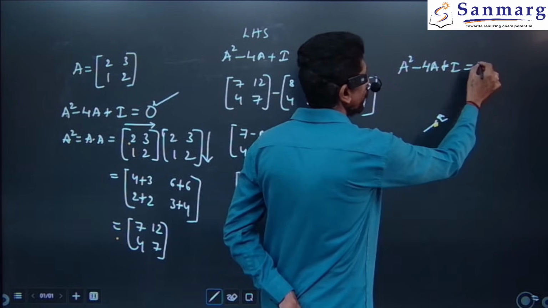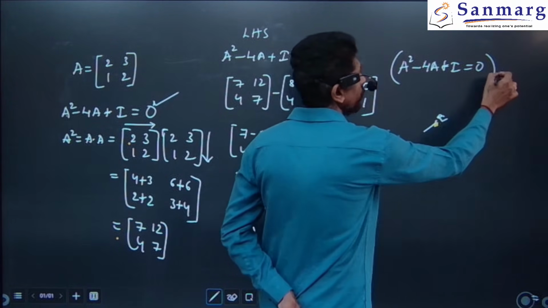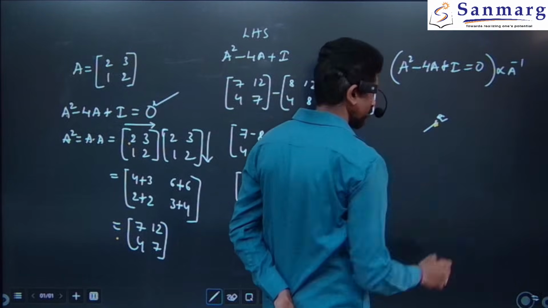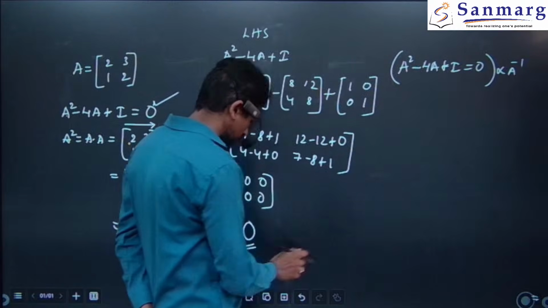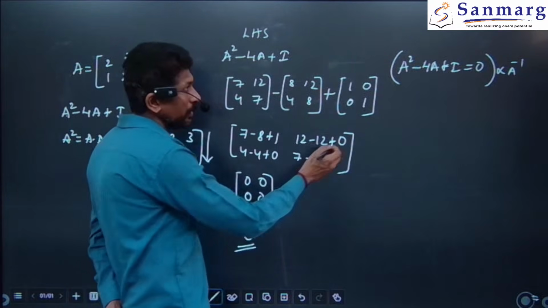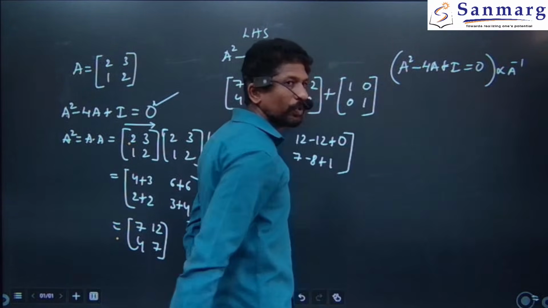For that whole equation you have to multiply with A inverse itself. When you multiply with A inverse, you can find A inverse.